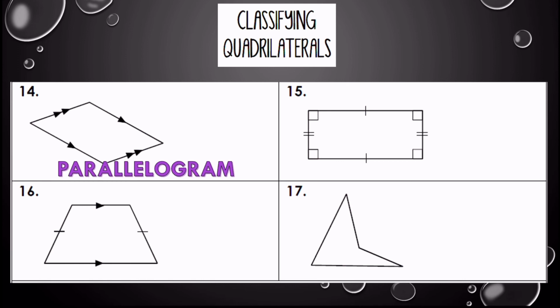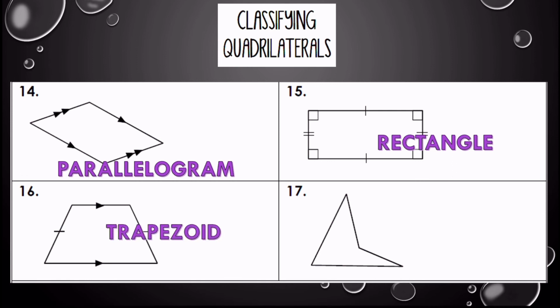We see the opposite sides are congruent. It's a rectangle. My bottom one, the only thing marked there is a pair of parallel sides. I only have one pair of opposite sides parallel, not both. So this is a trapezoid. And then 17, if you take a look at that, it's four sides, but there are no other markings, so it's just a quadrilateral.